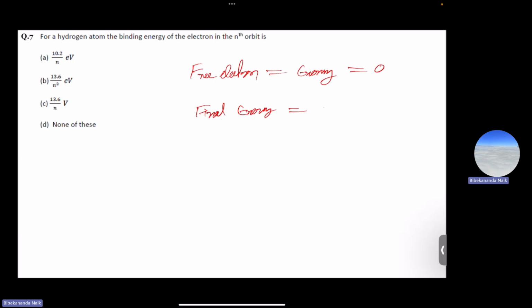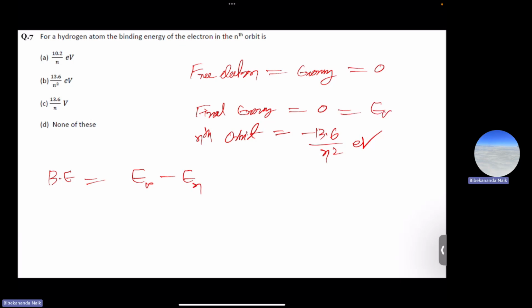Now, if the electron is present in the nth orbit, what is its energy? We just discussed it is minus 13.6 by n square electron volt for the nth orbit. So what will be the binding energy of the electron? It will be E infinity minus En. E infinity is when the electron is very far away from the atom.